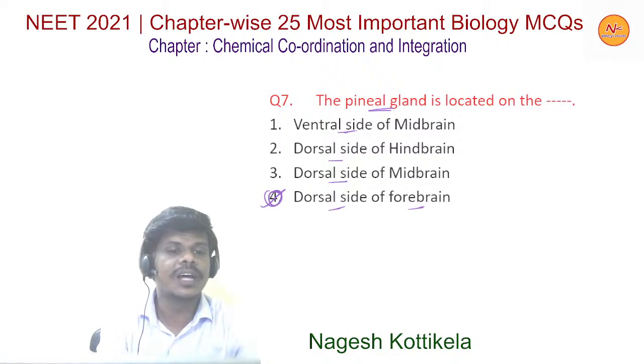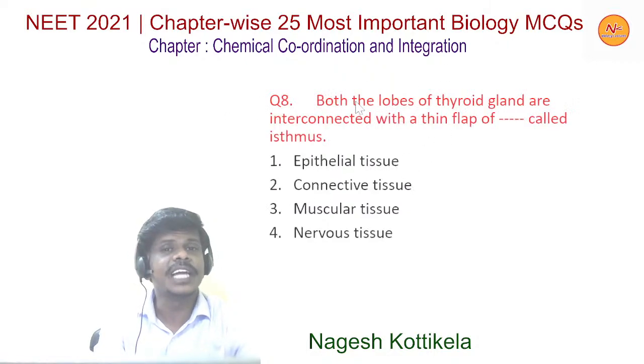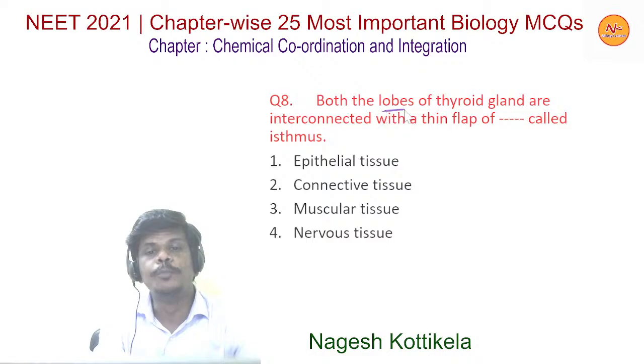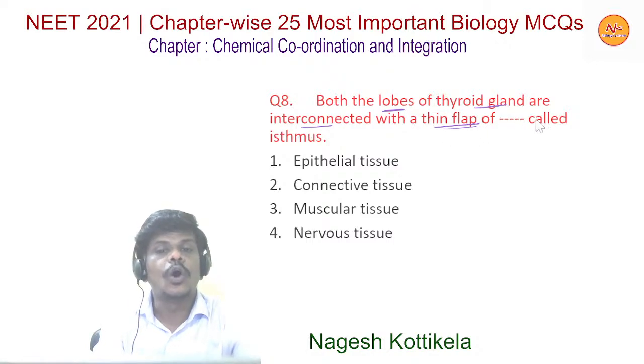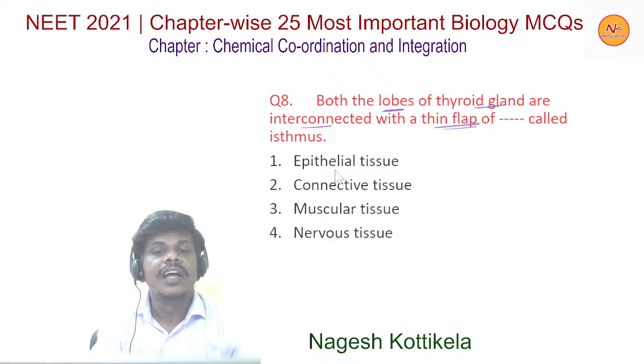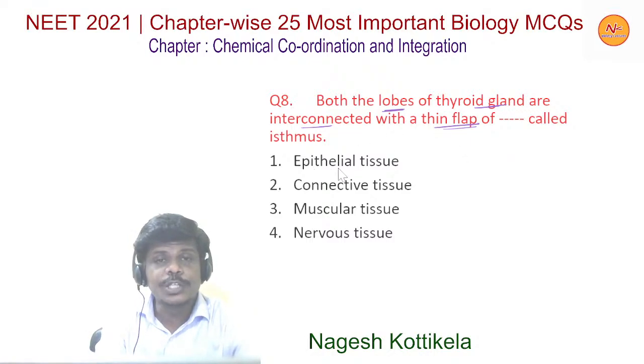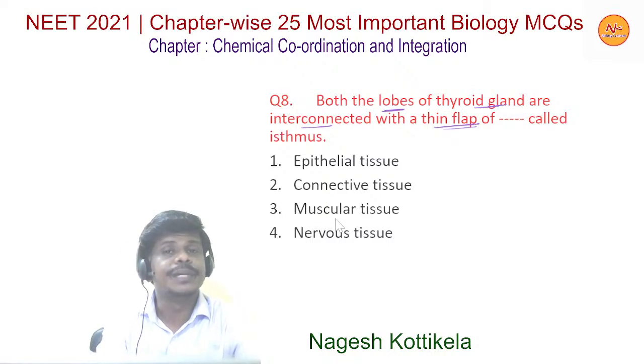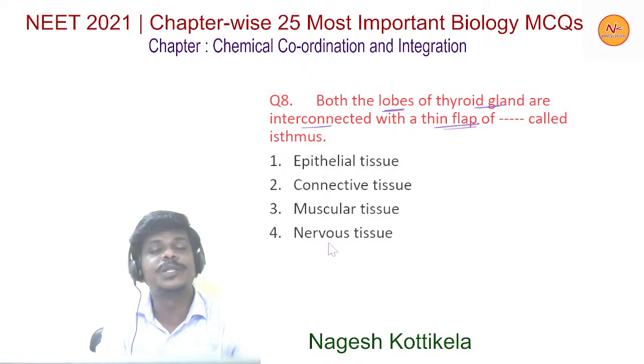Now moving to the next question, question number 8. Both the lobes of thyroid gland are interconnected with a thin flap of dash called isthmus. And here we have to find out, here first option epithelial tissue, the second option connective tissue, the third one muscular tissue, and the fourth option nervous tissue.